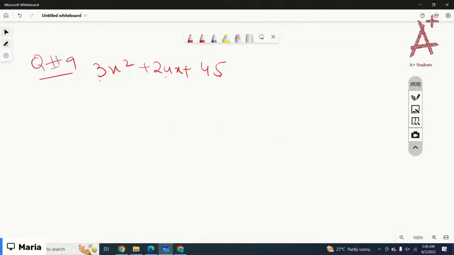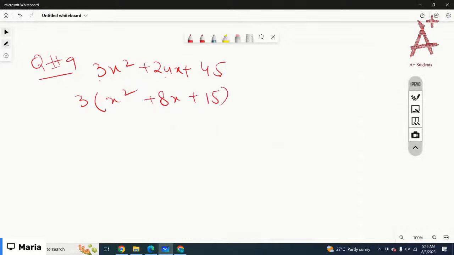So you can take 3 common from here. The common factor is 3. They are x squared plus 3 times what number is 24? 3 times 8 is 24 and 3 times 15 is 45, right?